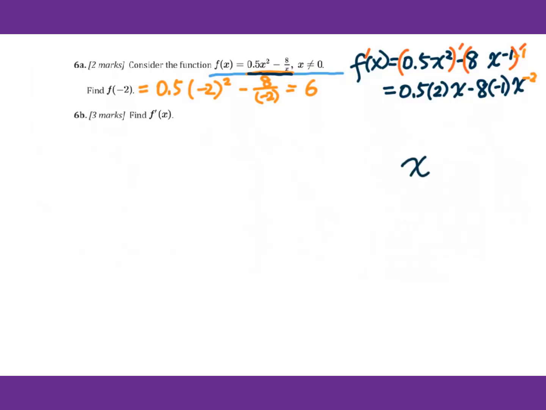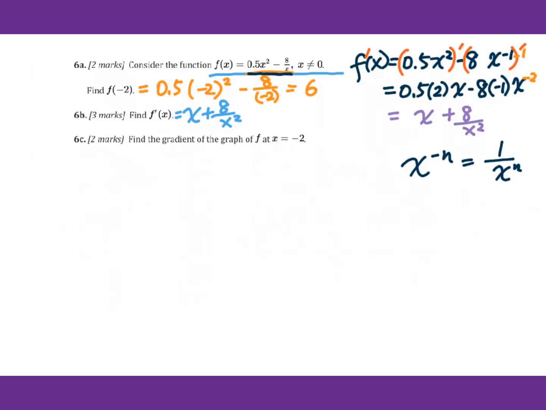Remember that x to the negative nth power equals 1 over x to the nth power. Therefore, you will get x plus 8 over x squared. That will be f prime of x.